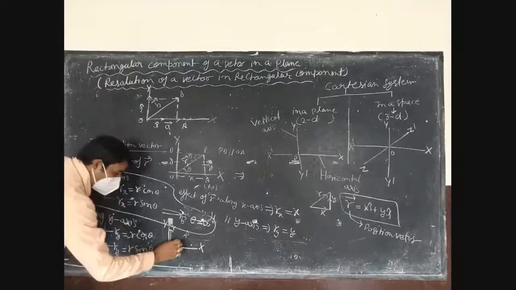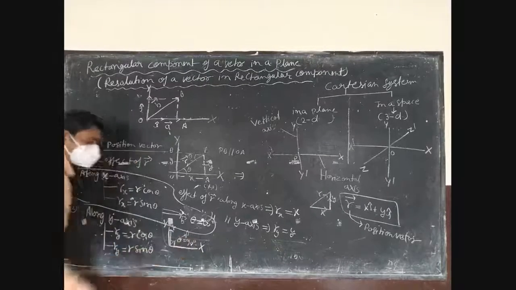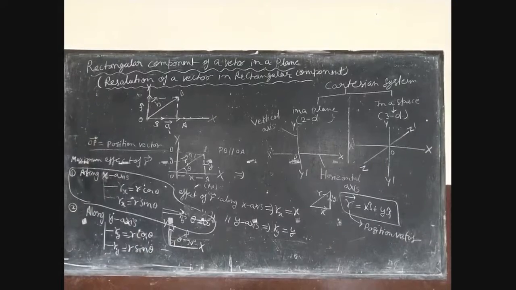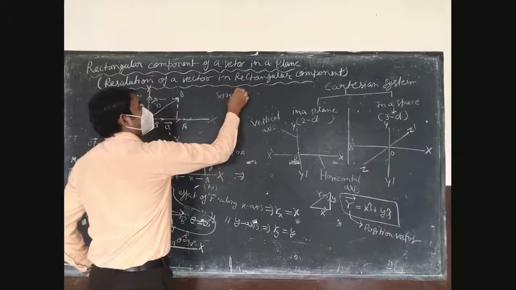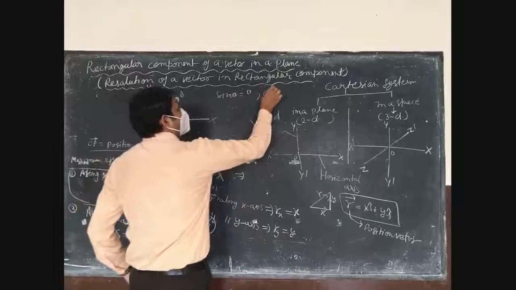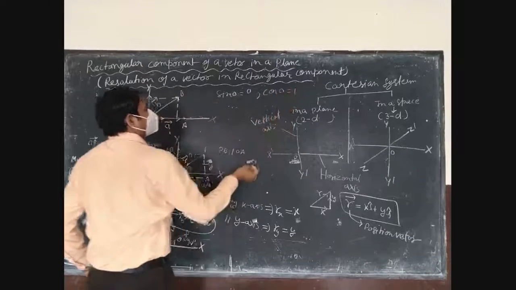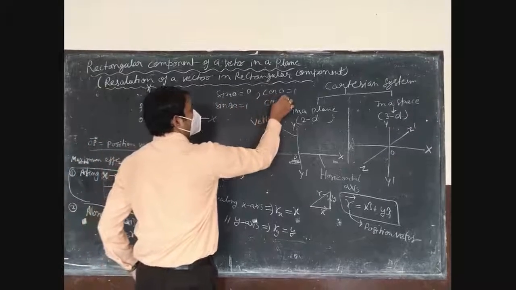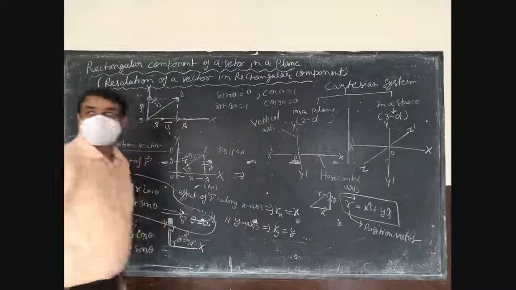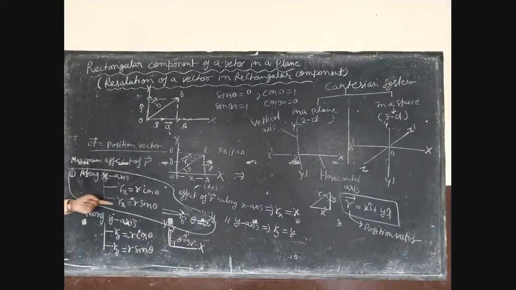So in this situation we have theta equal to 90 degrees. Now sin 0 degree is 0, cos 0 degree is 1, sin 90 degree is 1 and cos 90 degree is 0. Now when we discuss the horizontal component, which means Rx, you will get the value for R cos theta or R sin theta.